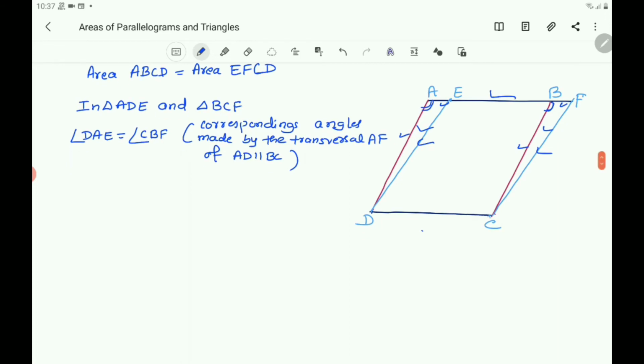So you write angle AED equals angle BFC.